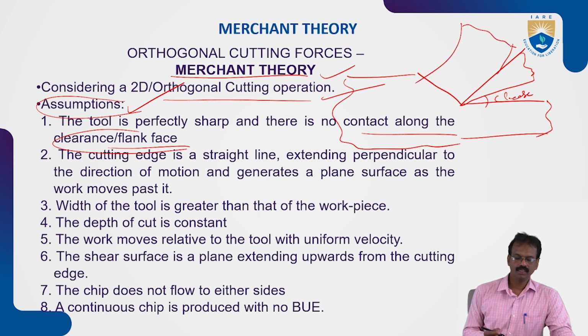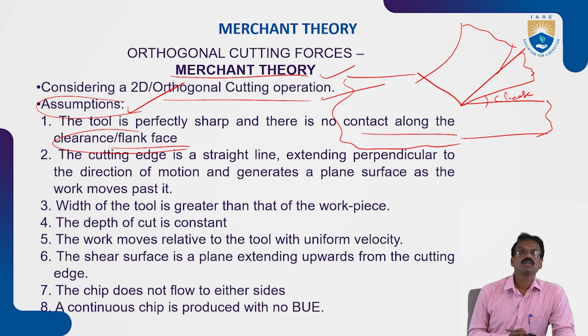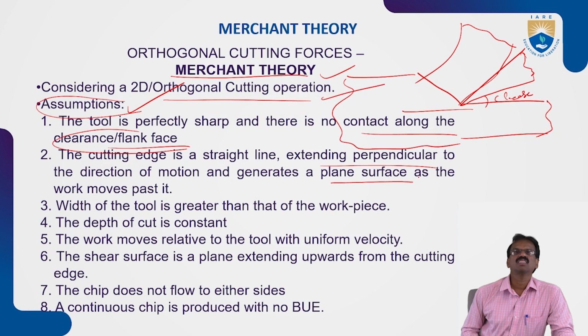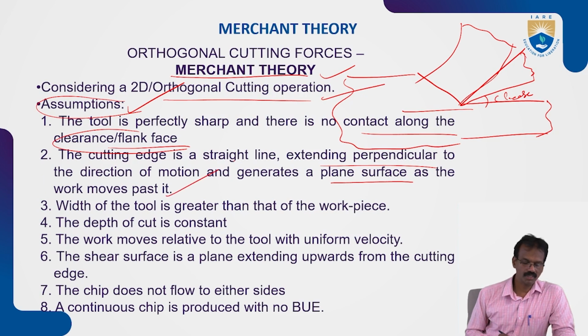Next assumption: the cutting edge is a straight line. You can see this is the straight line cutting edge extending perpendicular to the direction of motion, and it generates a plane surface as the work moves past it.